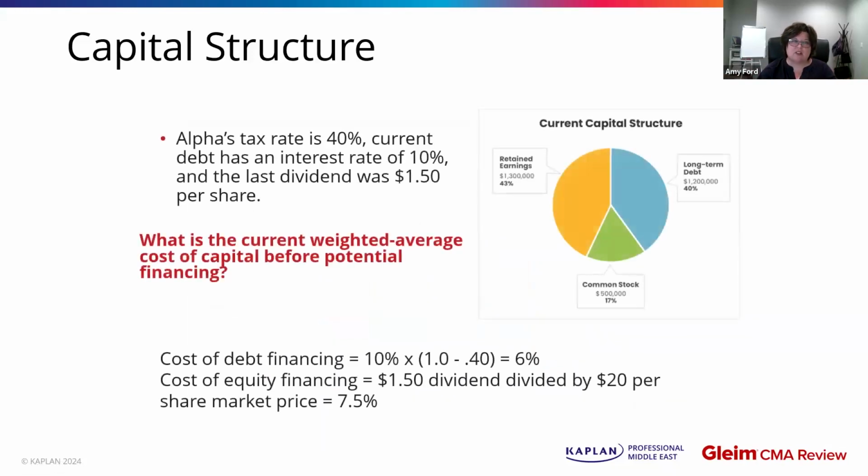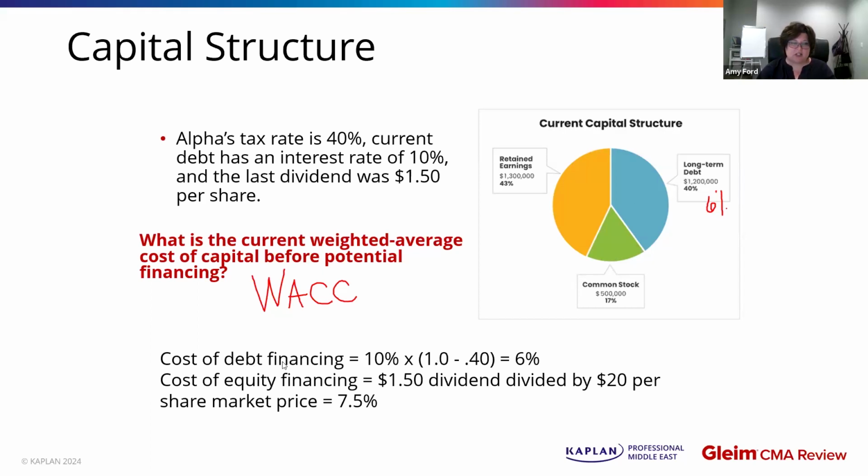All right, but what I wanted to do is a review, because this is a CMA exam topic. How would you find the weighted average cost of capital? A lot of times you'll see that as WACC. You would need to know the cost of each of these components. If you're studying for the exam, you'll want to review these concepts.